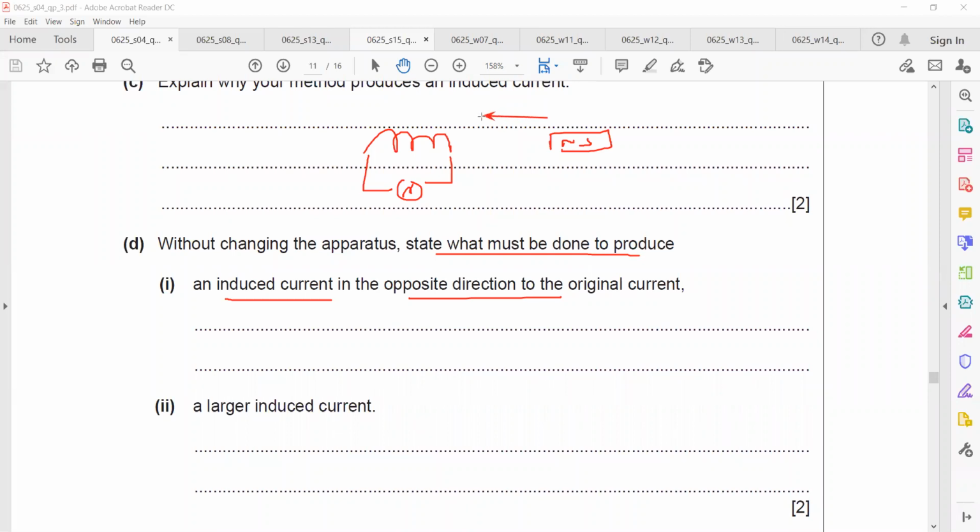If initially I move the magnet towards the wire, then the answer should be to move the magnet or the wire in the opposite direction to the original.